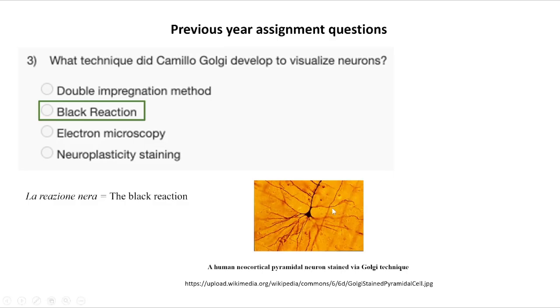But like I said, the Golgi technique also was not very good, in that not many cells were visualized, and many parts of the cells were not clearly visualized, and so on.